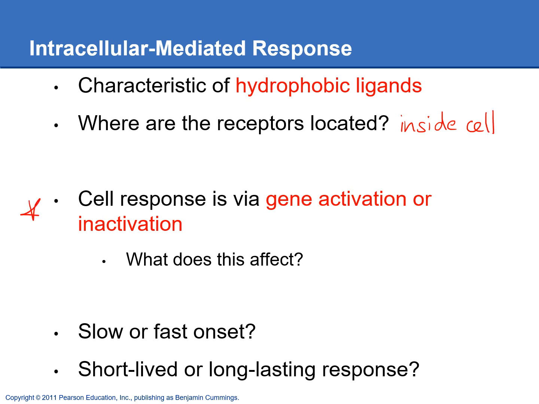And it's important to remember that when these intracellular receptors are bound by their messenger, we're going to be activating genes, either turning them on or off. And this is going to be affecting protein production, because remember that genes code for proteins.